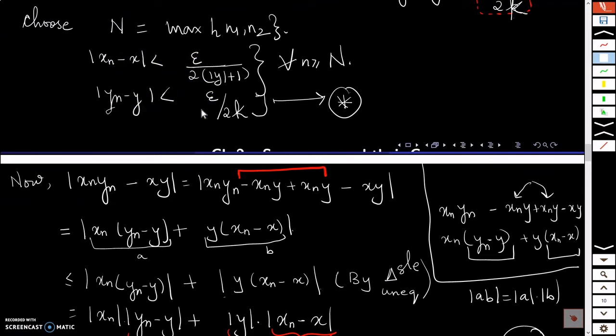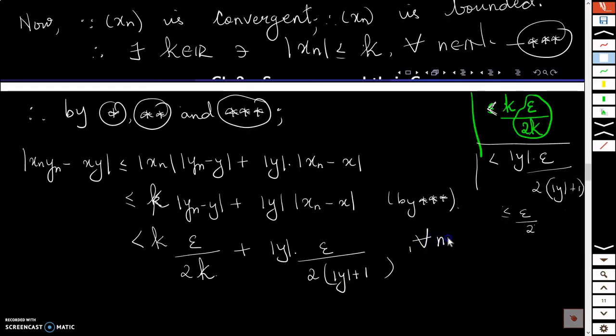So mod yn minus y is strictly less than, this k is here, so that is less than epsilon by 2 times k, and here mod y into this is strictly less than epsilon by 2 times mod y plus 1. This works only for natural numbers which are bigger than or equal to capital A.